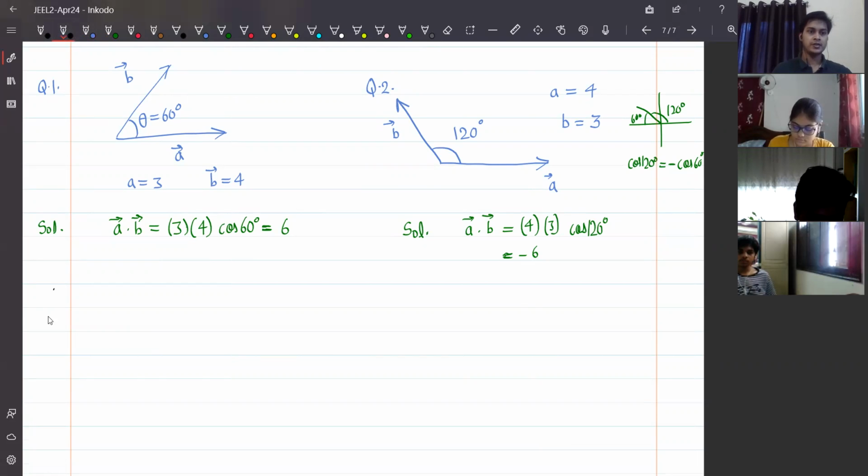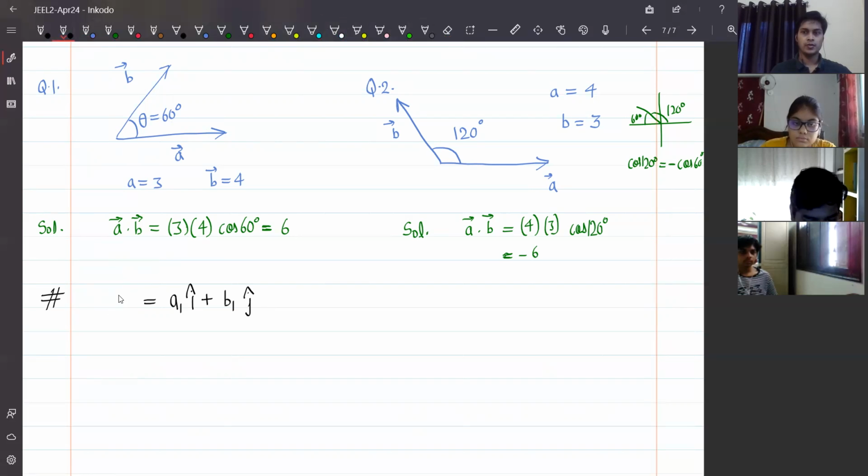If I have two vectors written like this, suppose the first vector, call it P vector, is A1 i cap plus B1 j cap plus C1 k cap.